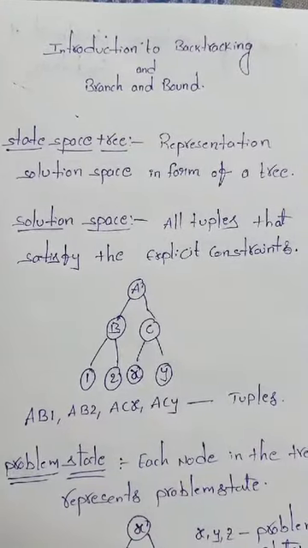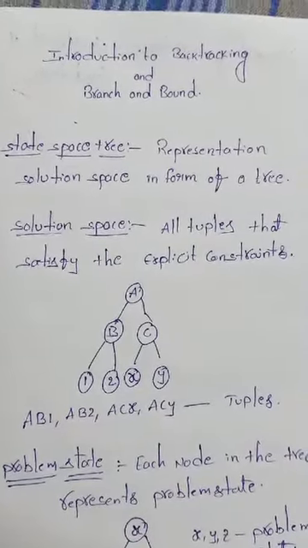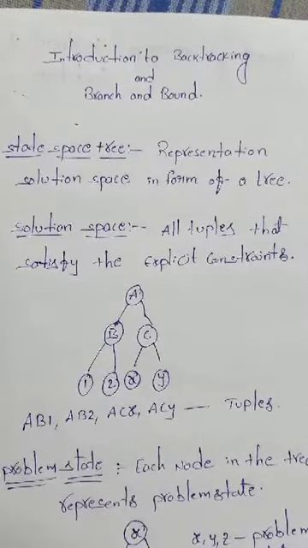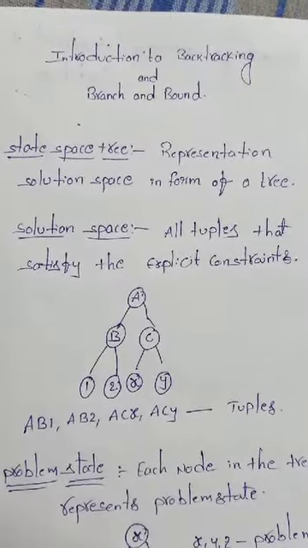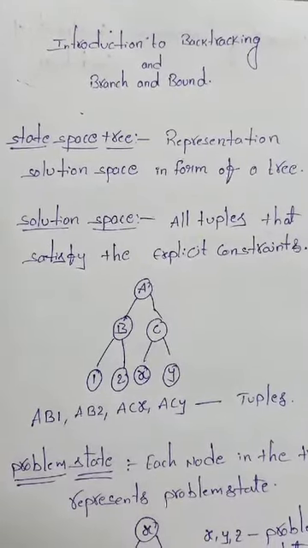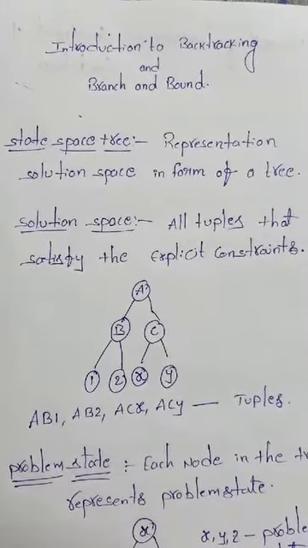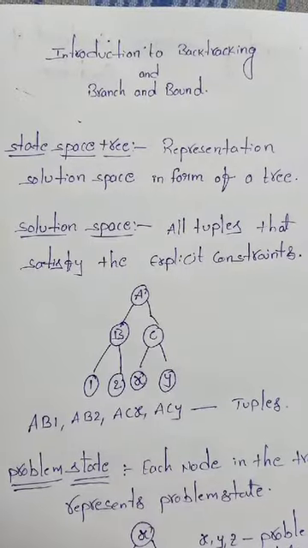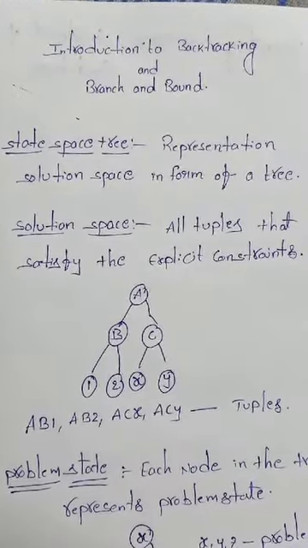So, the representation of solution space is in the form of a tree. Whatever solution we get in the two techniques, we are representing that solution in a tree format.